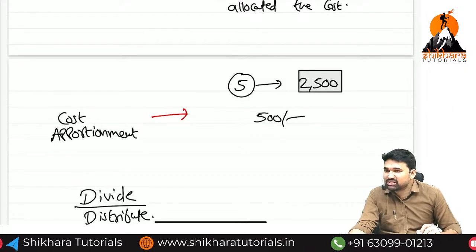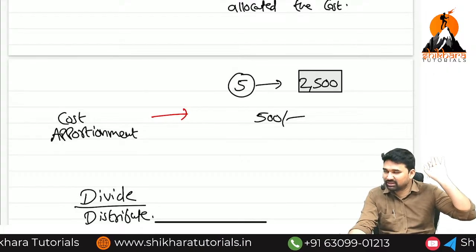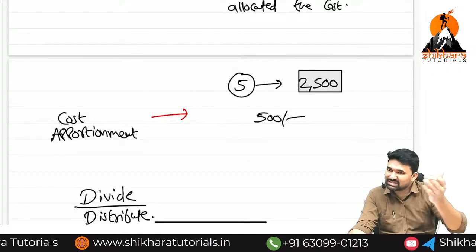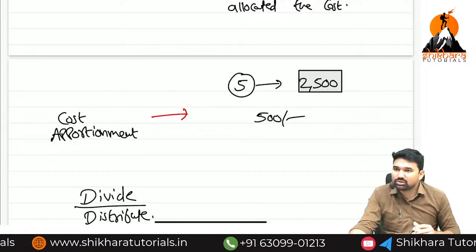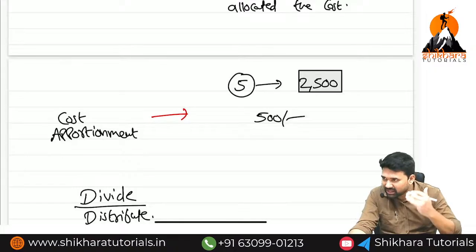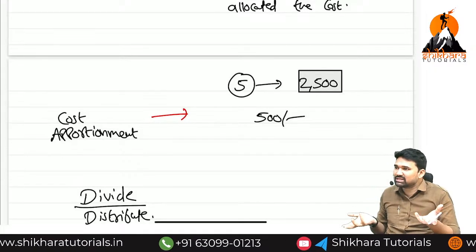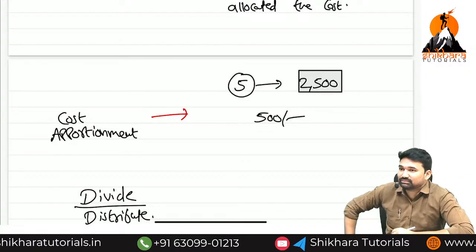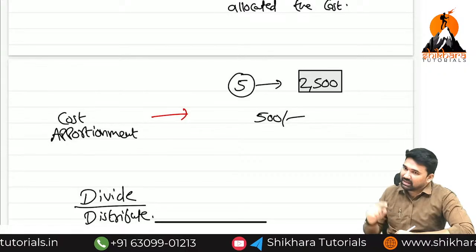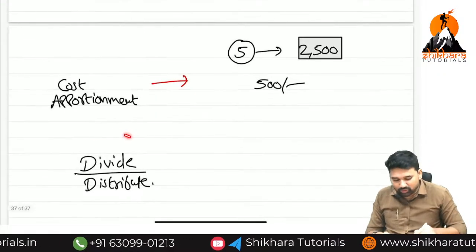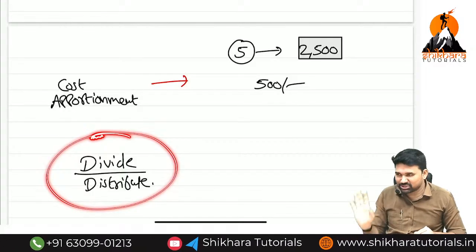Now some students will get a doubt. Sir, in the previous example we did the same thing, 90 divided by 3. In the current case also, we are doing the same thing, 2500 divided by 5. So what is the major difference between these two cases? That is why I am explaining clearly. In both cases, you are going to divide, simply distribute.